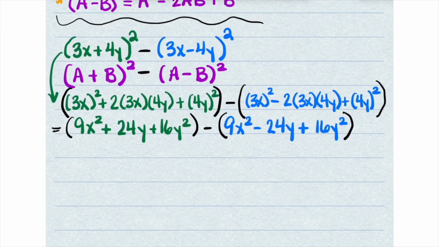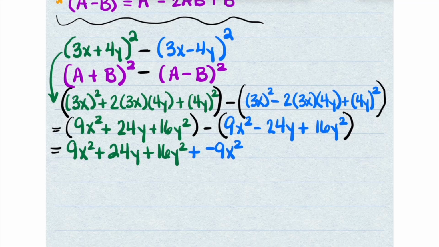Okay. So now we're gonna distribute the minus sign to everybody. Okay. So we have 9x squared plus 24y plus 16y squared plus a minus 9x squared plus a 24y minus a negative 16y squared.